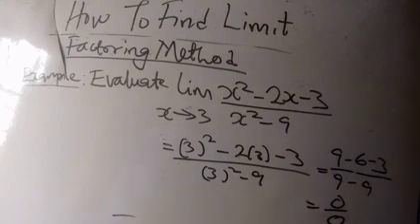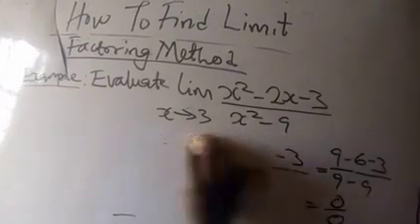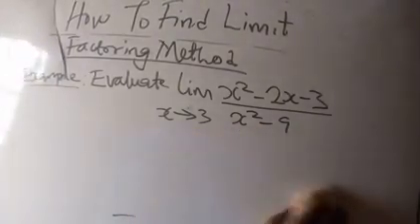So therefore, before it can be ascertained that a function given does not have a limit, you need to explore these four methods. So let's see what we can do.